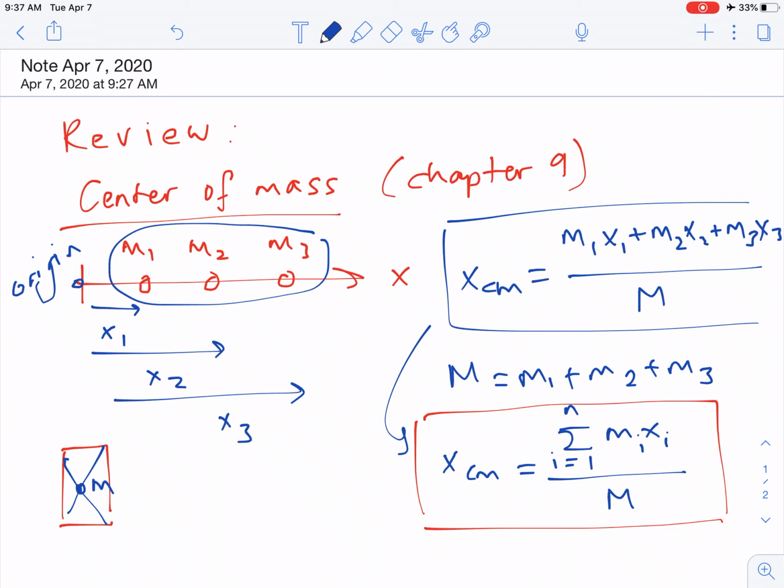So instead of taking the entire square, you're condensing the mass at the geometric center, which happens to be also the center of mass, as long as the object is homogeneous, so that's important. So these m1, m2, and m3 in my problem could have been different shapes. It could be a triangle, circle, and rectangle, but those are the points. They are concentrated at their geometric center, and they happen to be on the same axis.